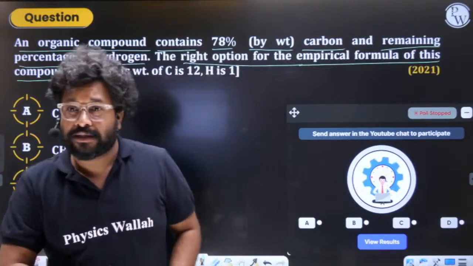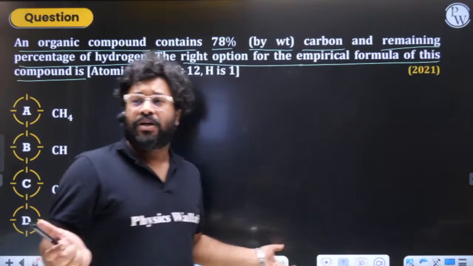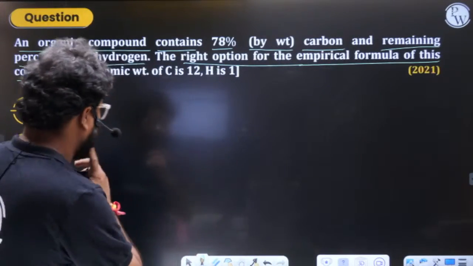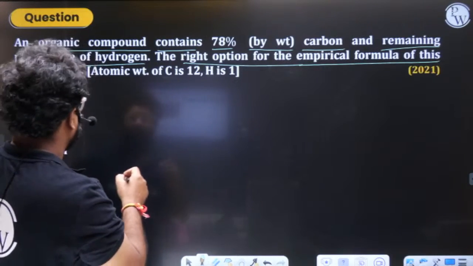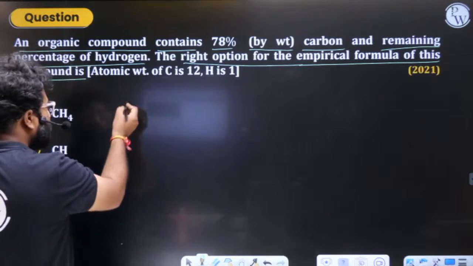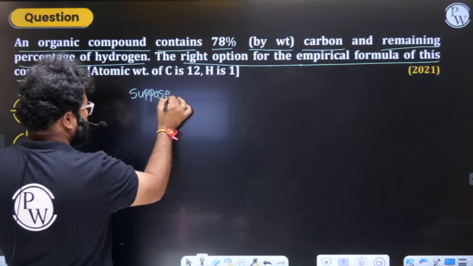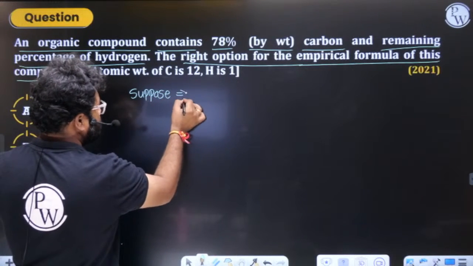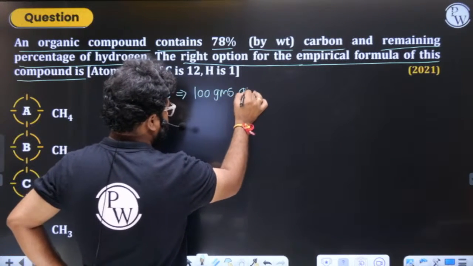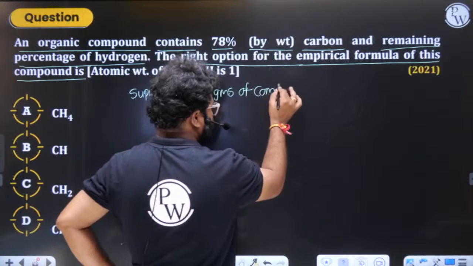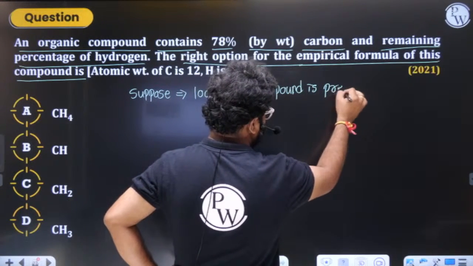Okay, so I guess this much time is enough. Time is up anyway. So let's see how we can solve this question. Now see, carbon is 78% by weight and hydrogen is the remaining. So let's suppose 100 grams of compound is present.